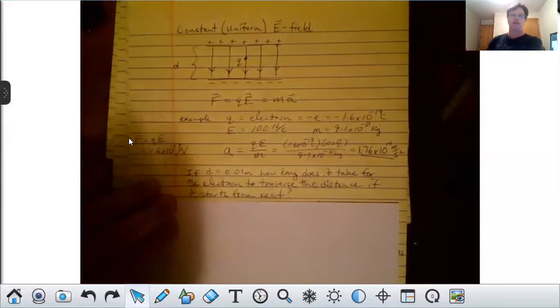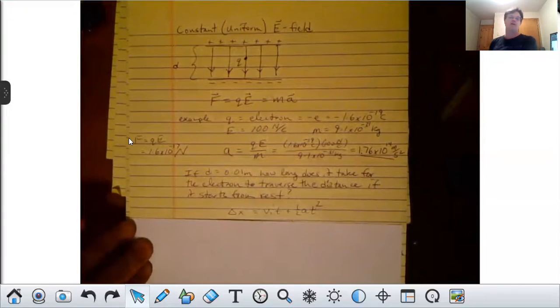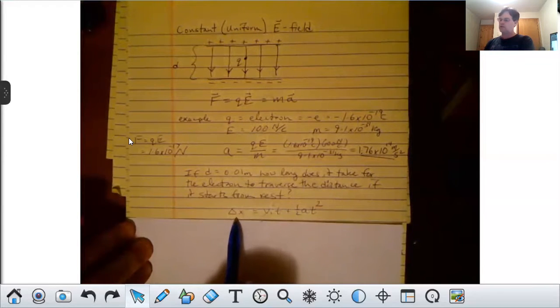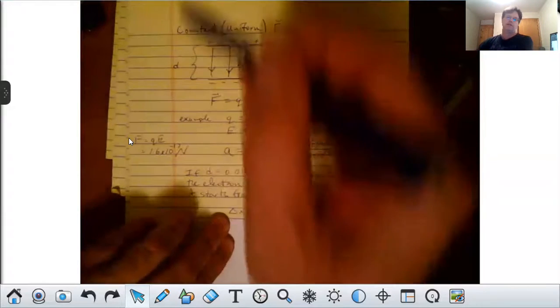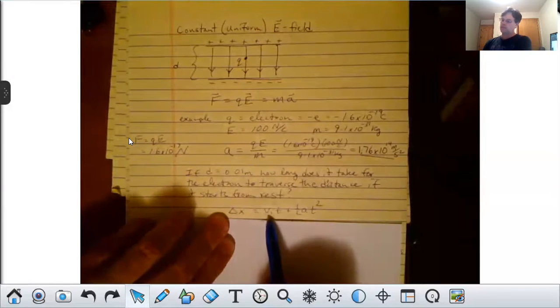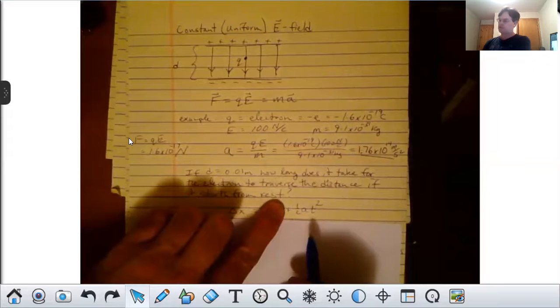Since we have a constant acceleration, you can go ahead and use the kinematic equations that we know from Physics 221. In this case, we would use our delta x. Now it's actually moving in a y direction, but by delta x, I mean the distance or displacement that it covered. Delta x equals v_i t plus one half a t squared, and v_i is 0 because it starts from rest.